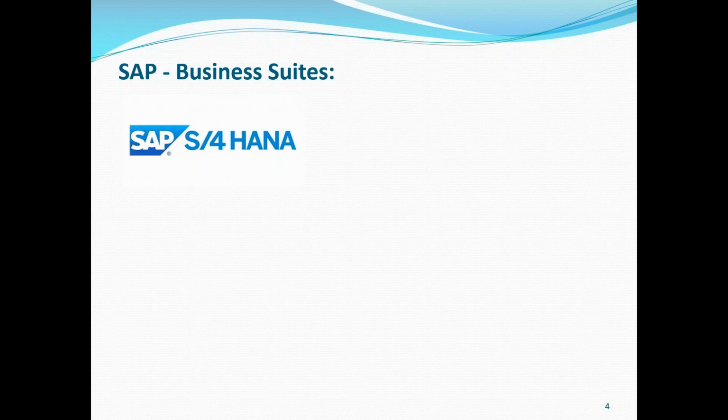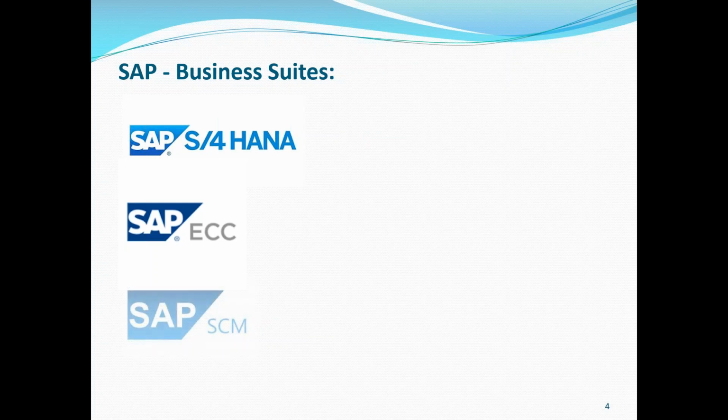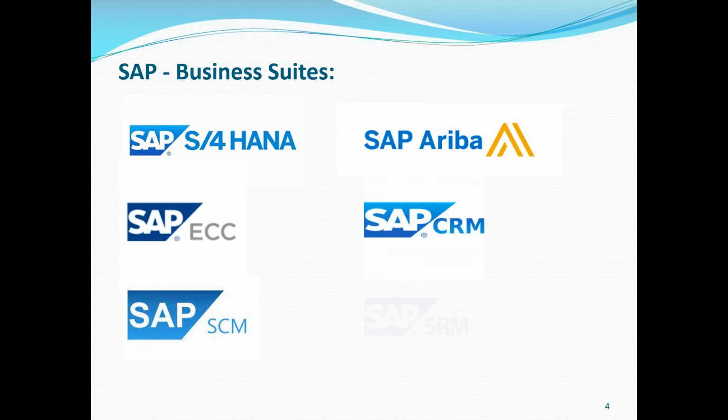The latest business suite of SAP is SAP S4HANA, and before S4HANA, ECC is still available, but ECC will be obsolete soon, mostly by 2028. And there are different other applications like SAP SCM, Ariba, CRM, and SRM.